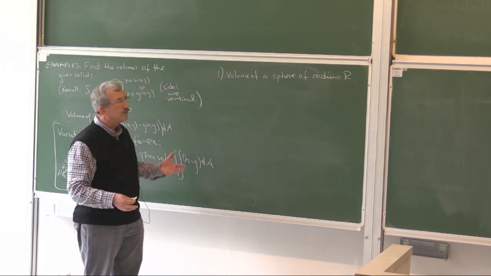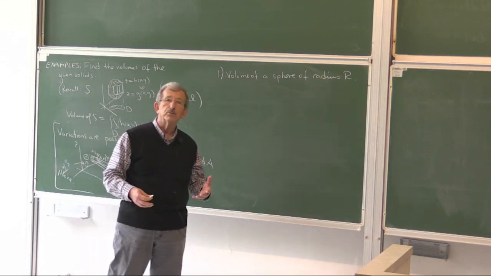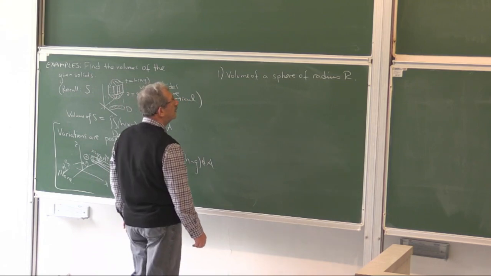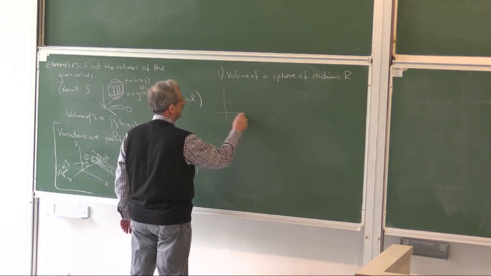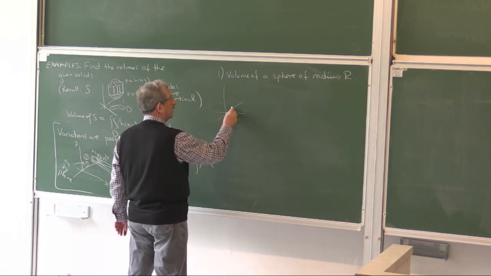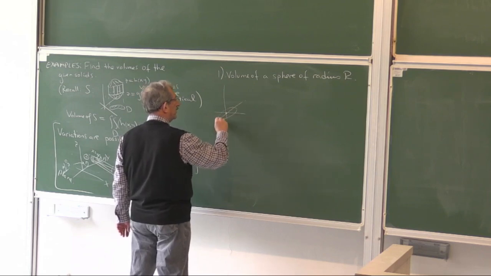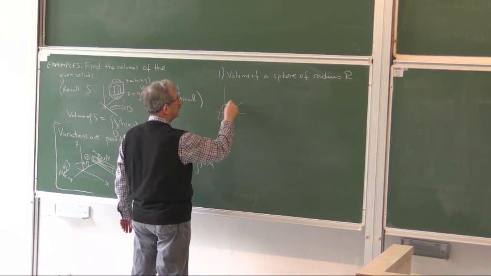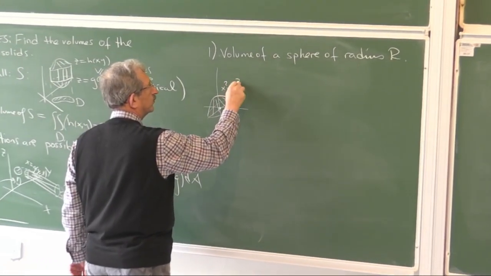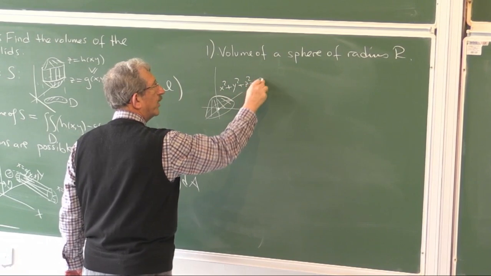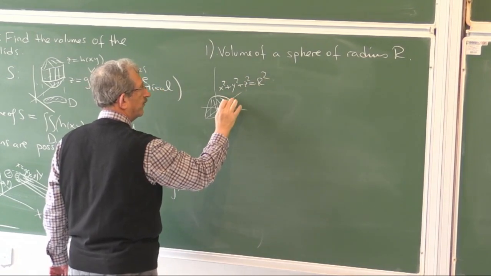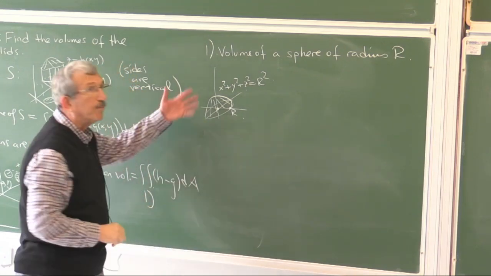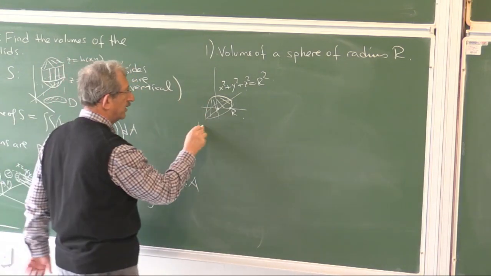Now we will see that it's much simpler if we use polars in double integrals. Namely, what happens? Well, obviously, this is a circle here and a sphere here, which, say, is x squared plus y squared plus z squared is r squared. And so the radius is r. This is the upper part. So this is the upper hemisphere.